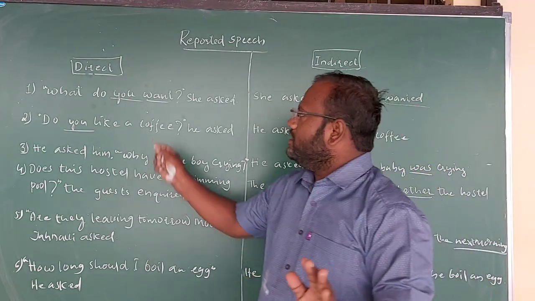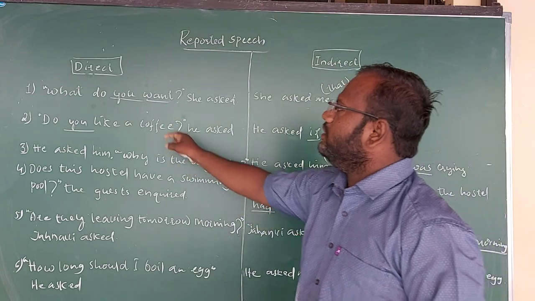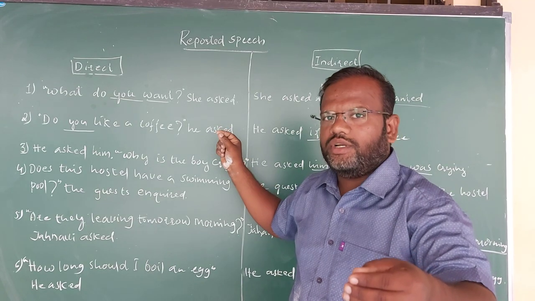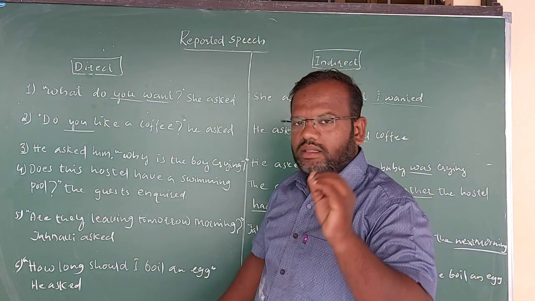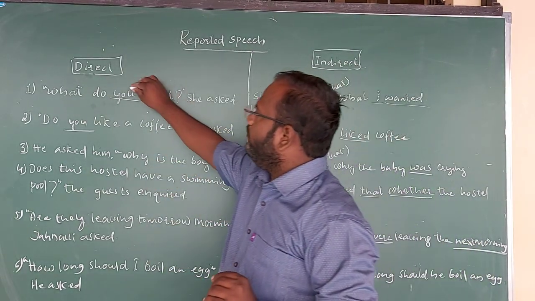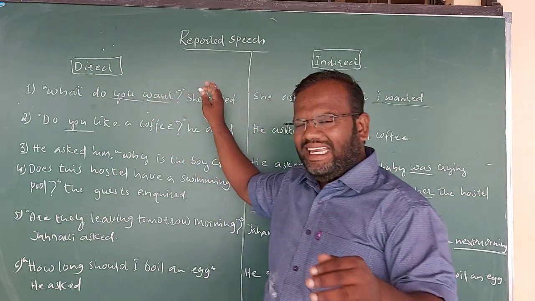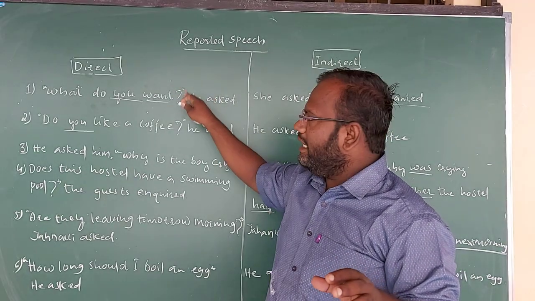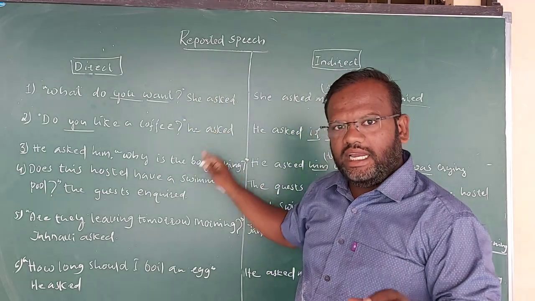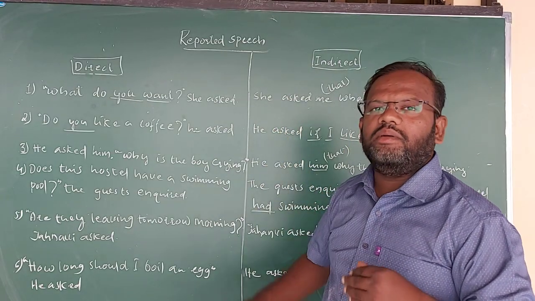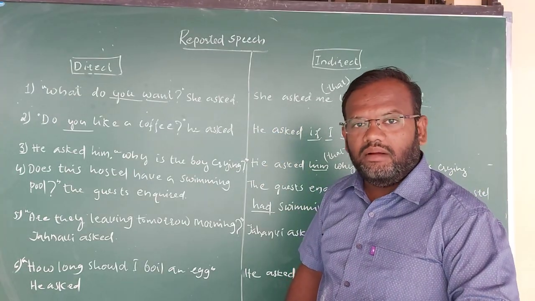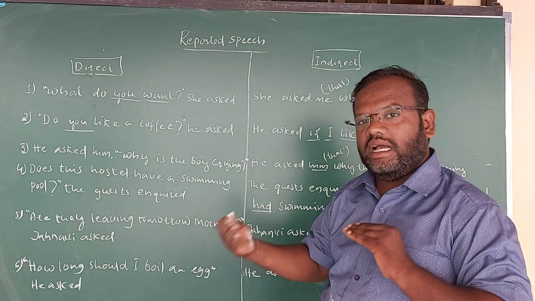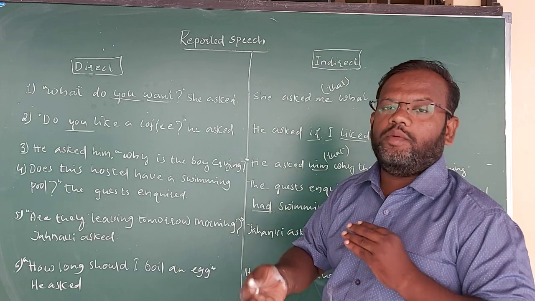Suppose in the sentence you find "you": "What do you want?" she asked. This is the question. Here the pronoun is you. When we use you as a pronoun in direct speech, when changing it into indirect speech it will become I.